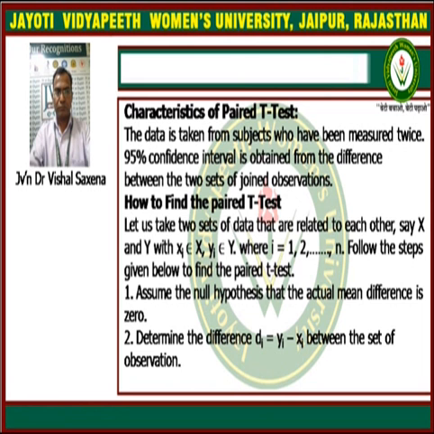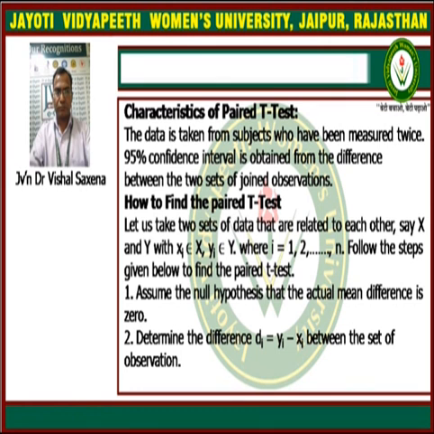Initially we take the two sets of data, xi and yi, which are related with each other, where xi is the ith element of the data set x, and yi is the ith element of the data series y, with i going from 1 to n. Follow these steps given below to perform the paired t-test.